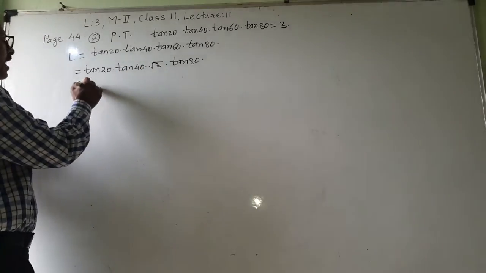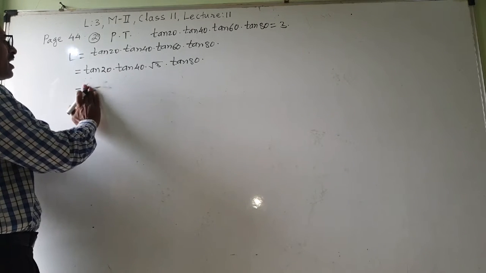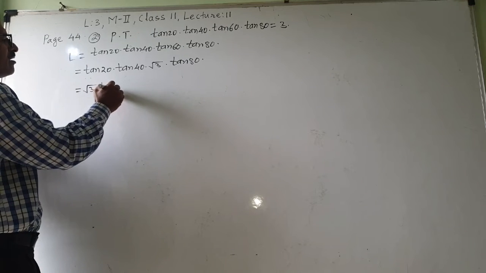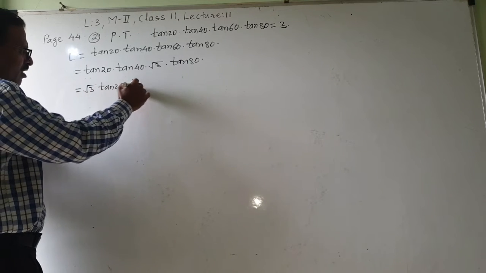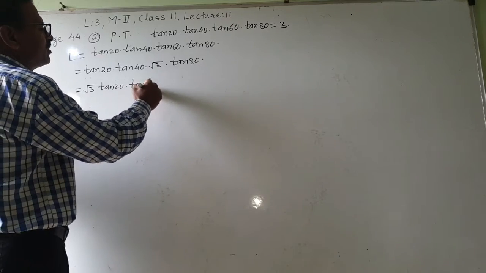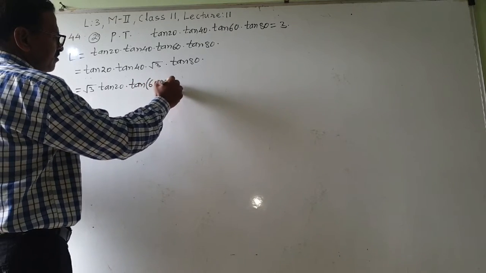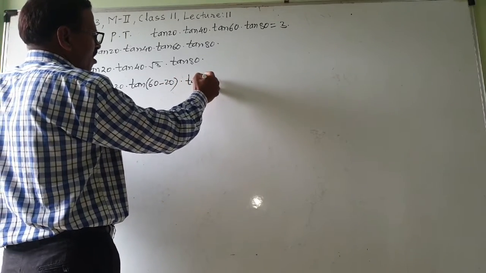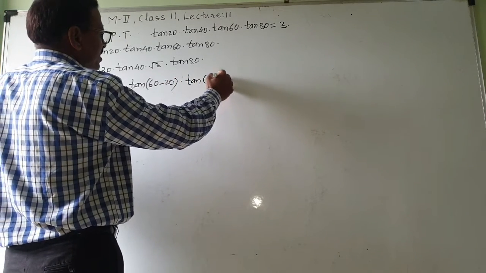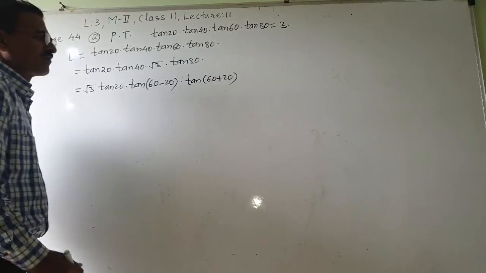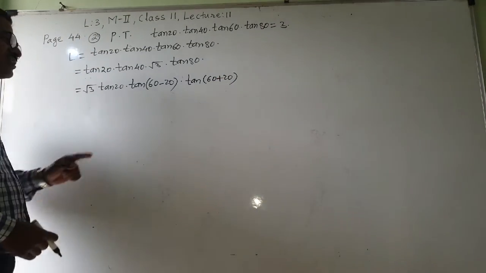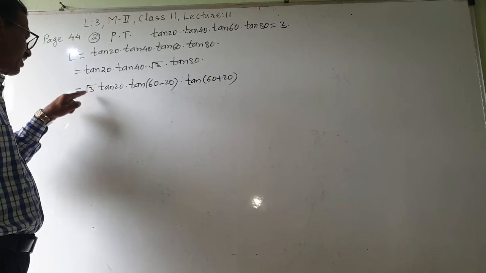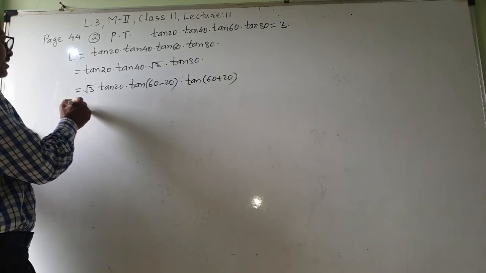How? Tan 20, this root 3 I will take first. Root 3 into tan 20 into tan of, this we will write 60 minus 20, and this we will write as tan of 60 plus 20. Why 60? Because tan of 60 is root 3. With this root 3 it will get 3. That is the basic idea.